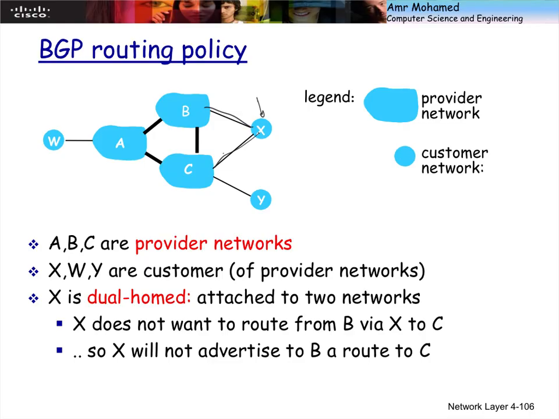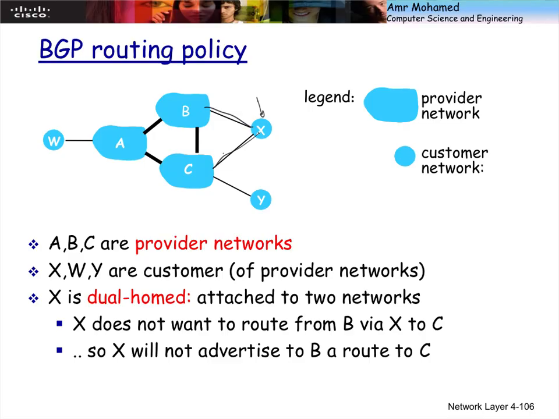Of course, Qatar University, for example, has dual homing with both Ooredoo and Vodafone. But what is the implication of this on the routing? There is an implication for this on the autonomous system or the inter-autonomous system routing.